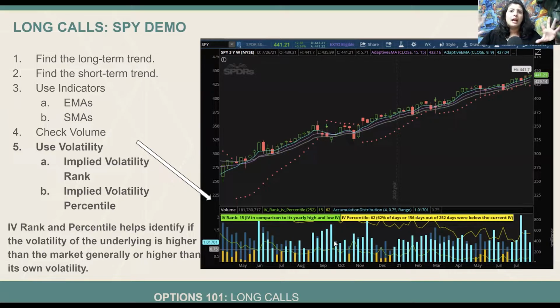Neither of them is perfect, but it helps give you an indication of whether the annual rank of IV is higher than the average amount of volatility in relationship to that particular underlying. So if both of them are really high, then the prices of the options are going to be inflated.